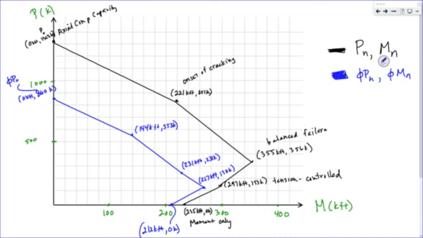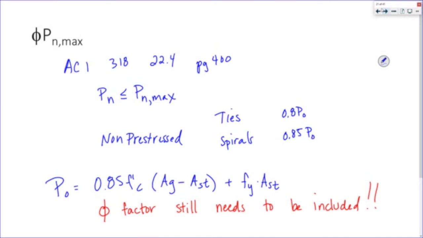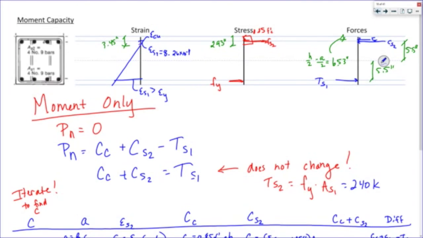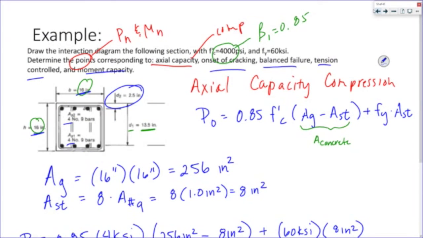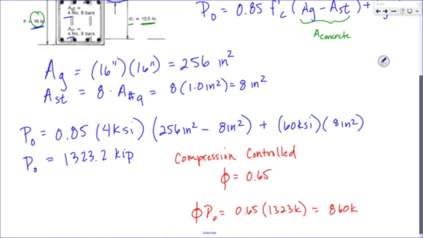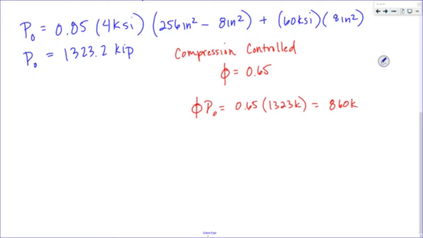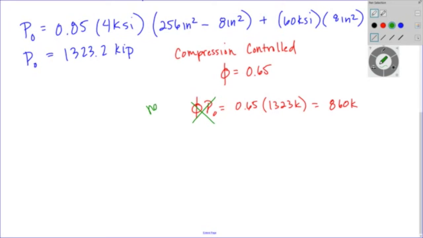So my last thing, my PN max. I have to limit it to 0.8 times PO because I have a tied column. So this isn't really valid.